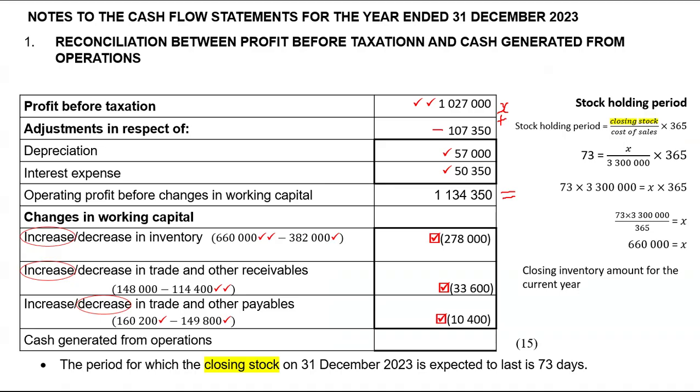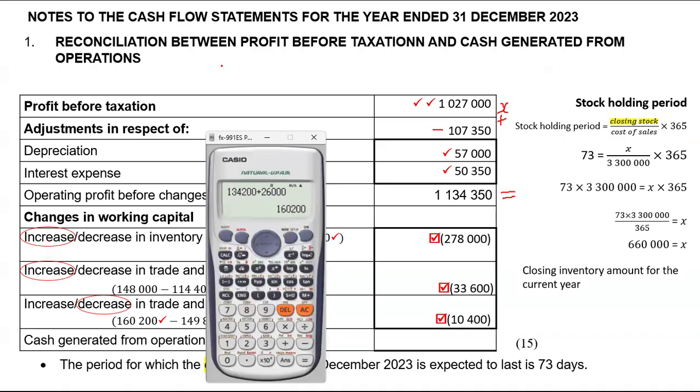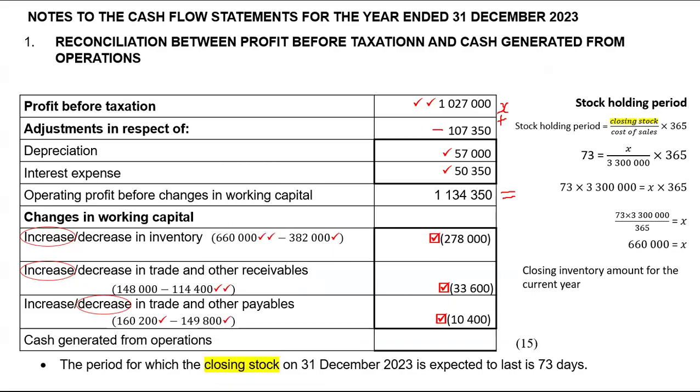Now, when you take that negative, you will take negative 278,000 minus 33,600 minus 10,400. It'll give you 322,000, which is a cash outflow from changes in working capital.